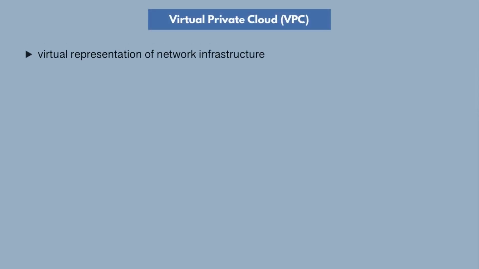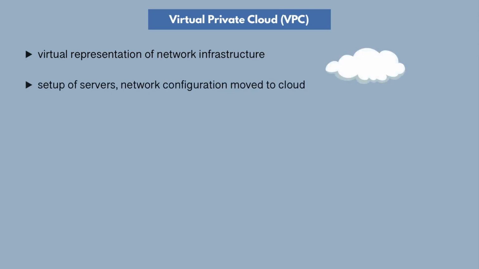When you have servers physically in your company, which was a traditional way of hosting servers and applications before cloud, you have sysadmins that set up, configure, and manage this whole network. They set up the router, they do all the network configuration, configure firewall, and so on. So all of this physical network infrastructure is basically now moved in the cloud, and VPC is the representation of this.